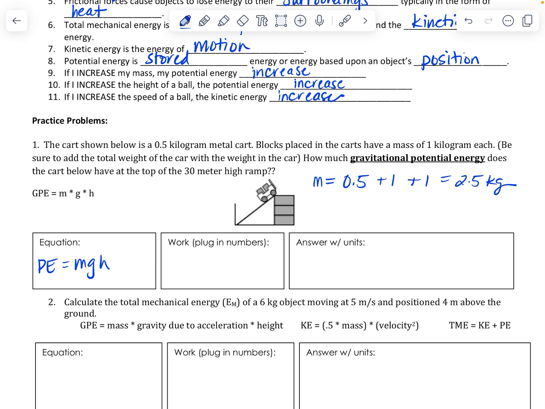So we have a mass, we already figured out, is 2.5 kilograms times gravity, which is always 9.8 meters per second squared, times our height, which in this one is 30 meters. Multiply all those together to get your gravitational potential energy, and you should get 735 joules.